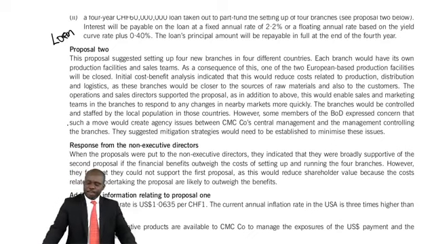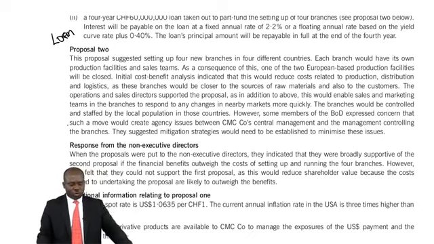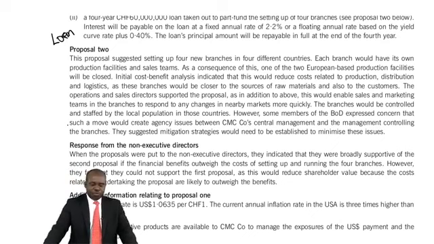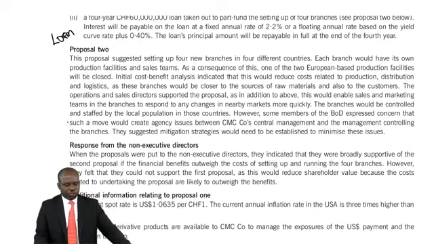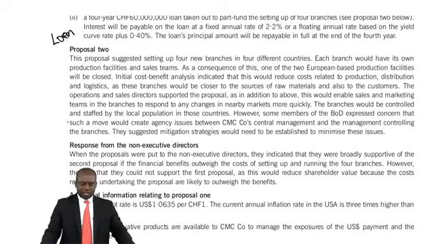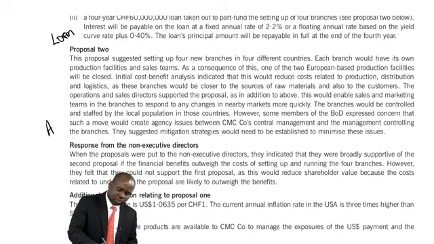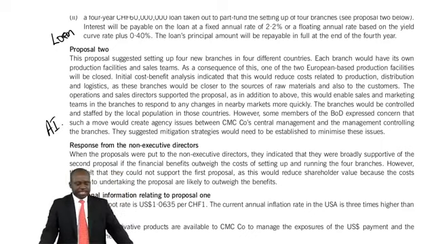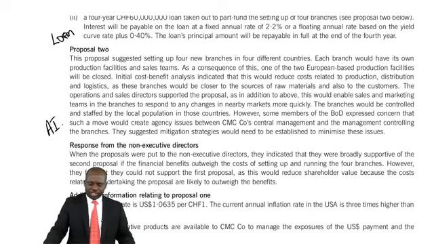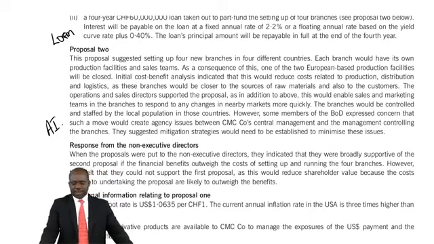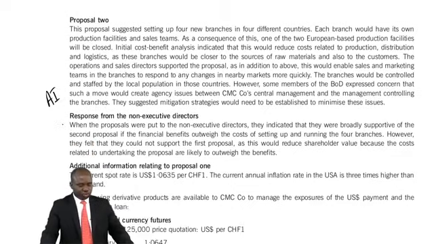However, some members of the board expressed concern that such a move will create agency issues between CMC Co. central management and the management controlling the branches. The question said we should look at agency issues, so I will indicate that. They suggested mitigation strategies will need to be established to minimize these issues.